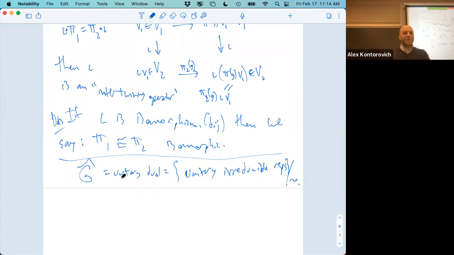Understanding what the unitary dual is for general groups is very interesting. It's just the set of all irreducible representations up to equivalence. And putting a topology on this thing, these are all interesting things to do that we might get to.